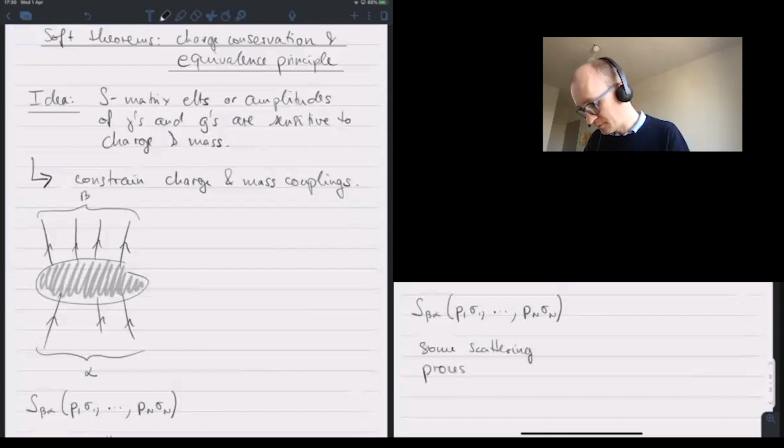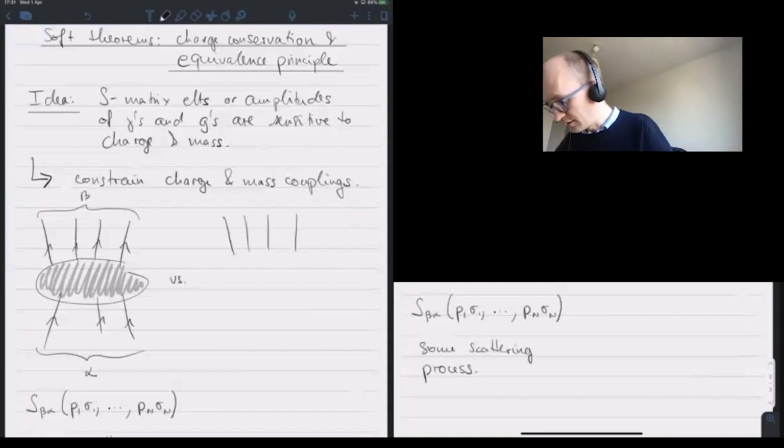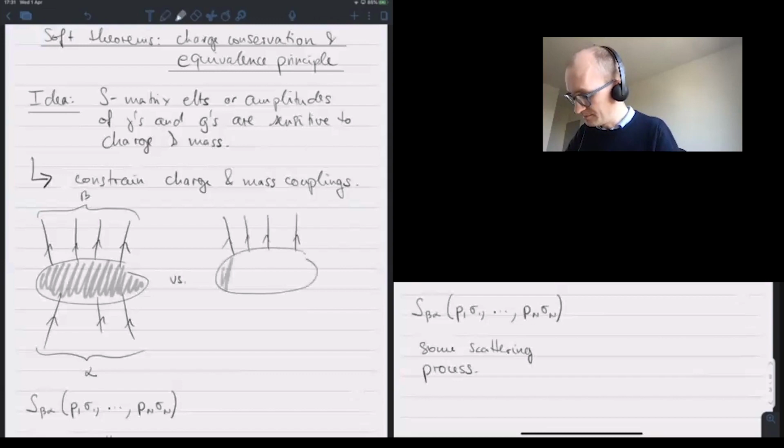All right. But the point is, this is some scattering process, but we want to compare it to something that is extremely similar. It's similar in that we basically have the same particles as before. We have some scattering process here, symbolized by this blob.